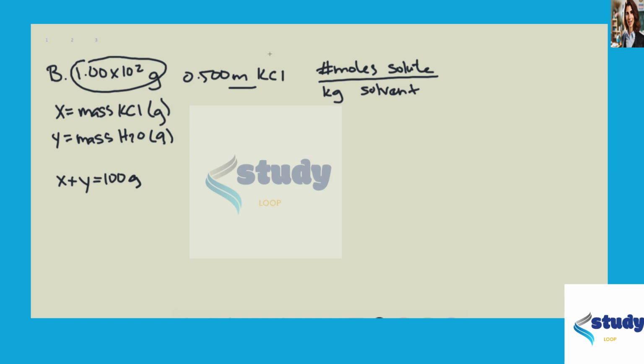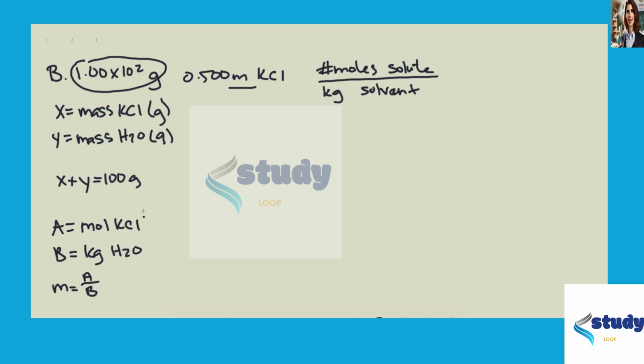The other equation that we'll need is the actual molality equation. I'm going to call the number of moles of potassium chloride capital A, and the number of kilograms of water capital B. And we know that ultimately our molality is going to be A over B.